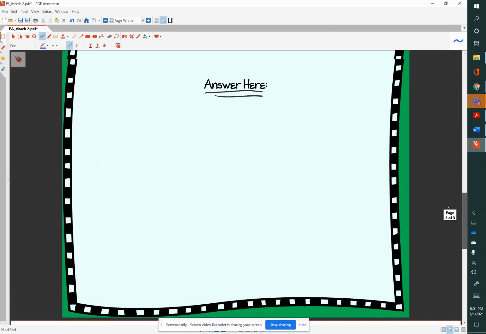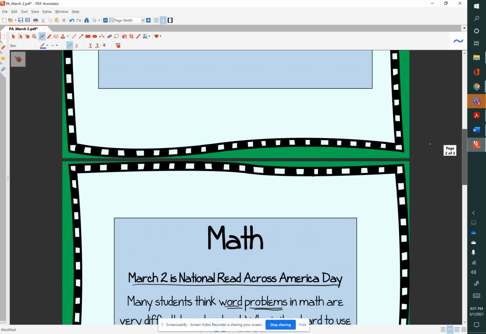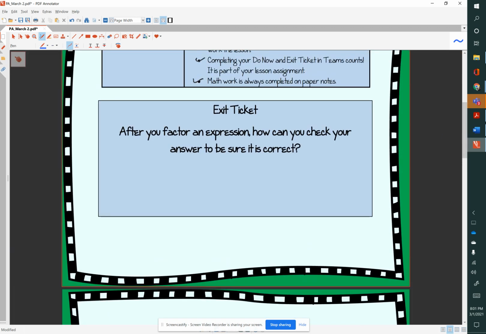So let's go back to our exit ticket. After you factor an expression, how can you check your answer to be sure it is correct?